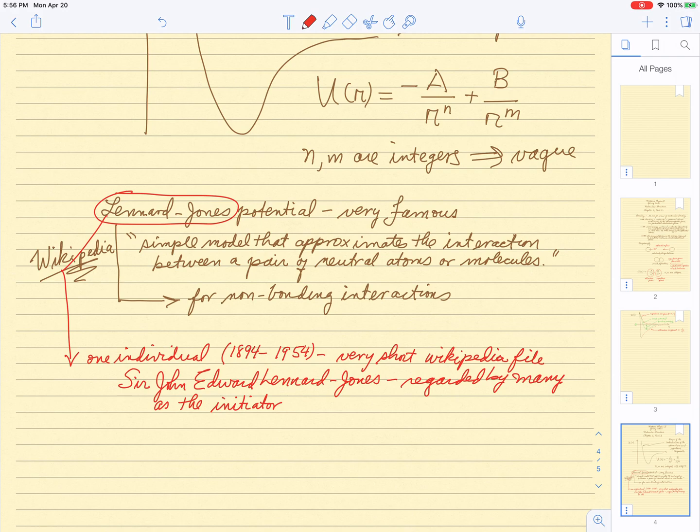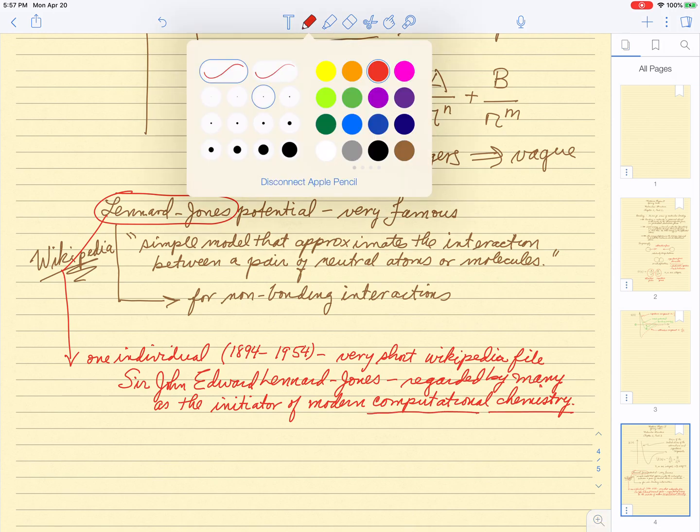It's a weird word. Normally at this stage, people usually say the father of, or the mother of, or the founder of, but he is regarded as the initiator of modern computational chemistry. And so he holds a special place in my heart because of that.